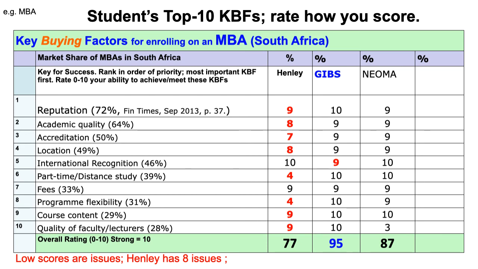When we've listed our key buying factors of our customers and rated them versus the competitor, where a 4, for example, would be a low score, and a high score would be a 9, you've already done a highly advanced SWOT analysis here already.